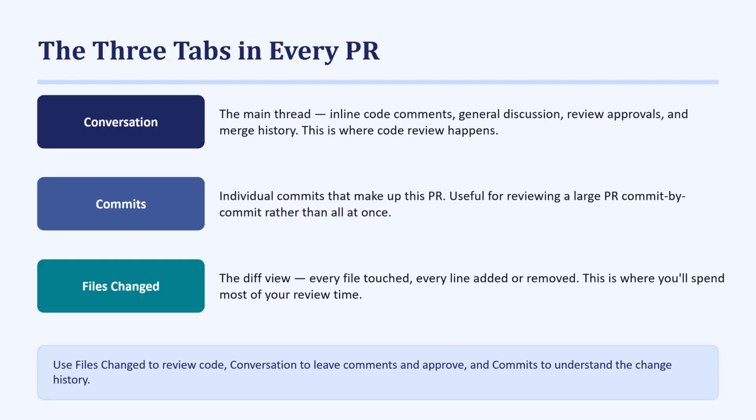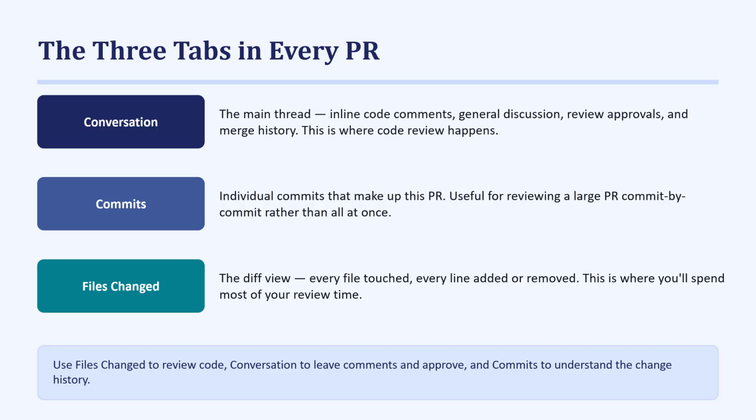When you're looking at the pull request on the GitHub site, there are 3 tabs in every pull request. One is for conversation. This is the main thread where everyone can talk: inline code comments, general discussion, review approvals, merge history, and this is where code review happens.